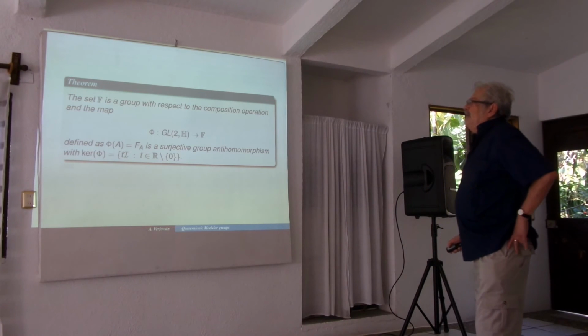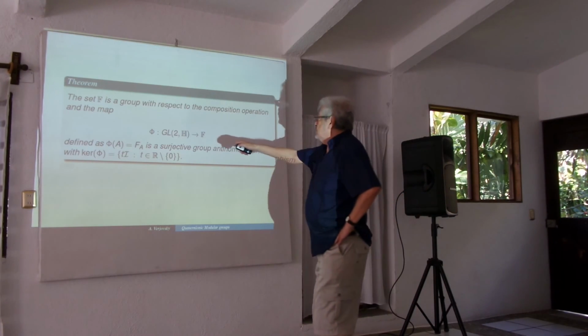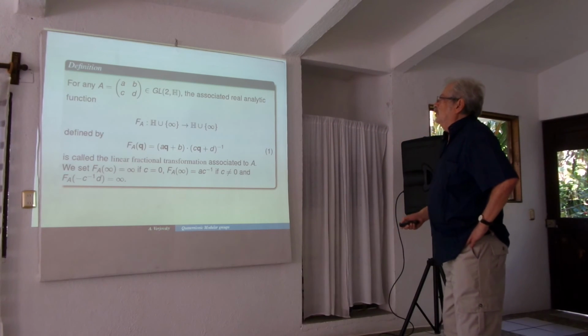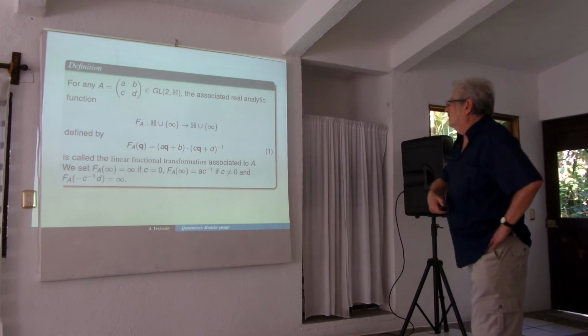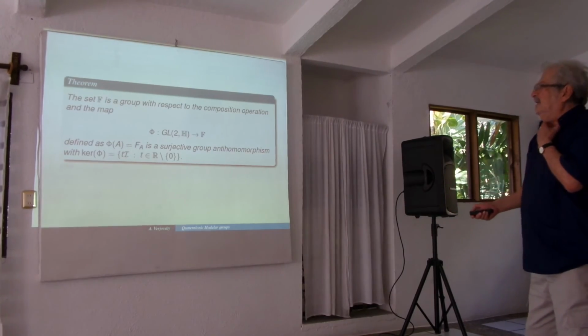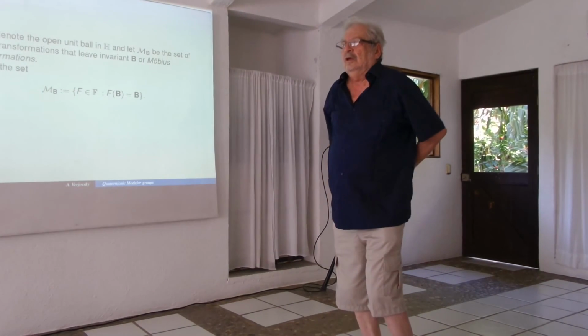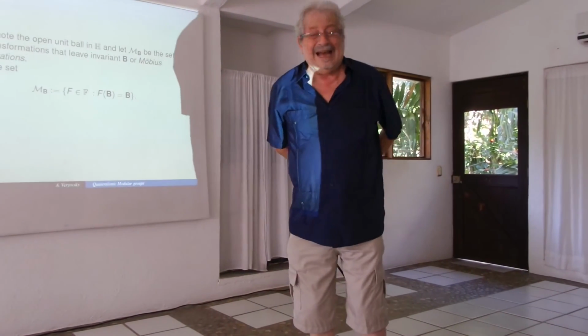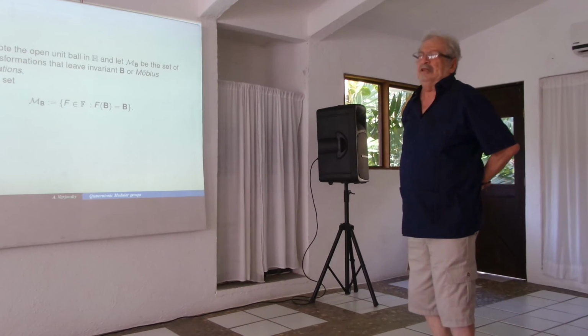Well, what we have is that the set of these transformations are exactly the set of diffeomorphisms of S4 which are conformal maps of S4, exactly conformal and preserving the orientation.